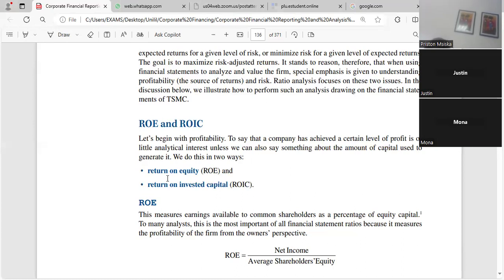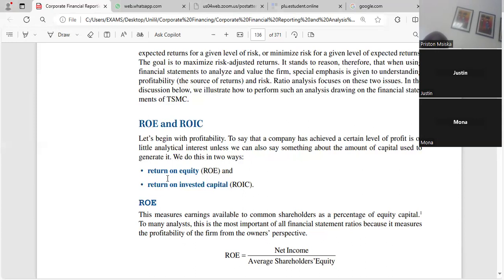Now, average shareholders' equity will be found in the balance sheet. And how do you find the average shareholders' equity?